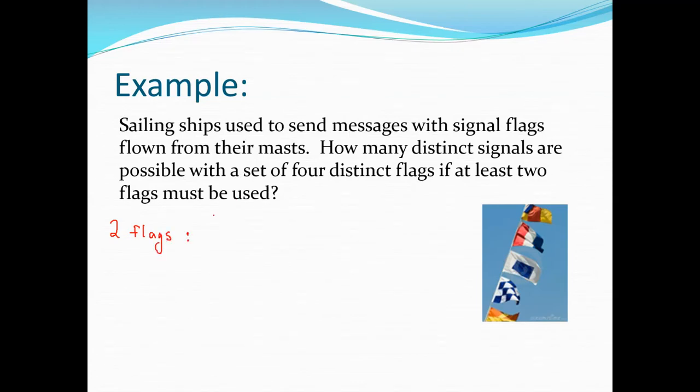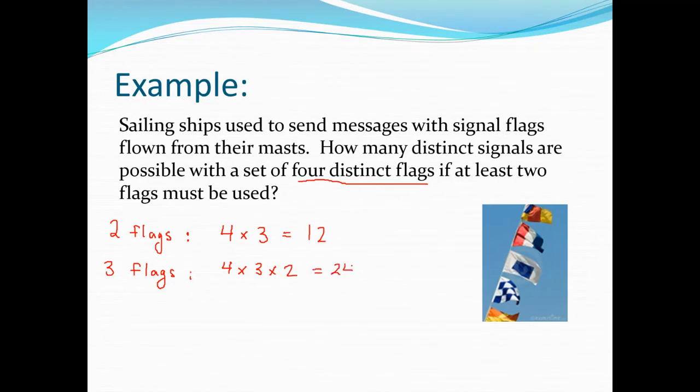Well, there are 4 distinct flags, and we're using 2 of them. There's 4 options for the first flag and 3 options for the second flag. That would make 12 options altogether. For 3 flags, a similar calculation: 4 for the first, 3 for the second, and 2 for the last.